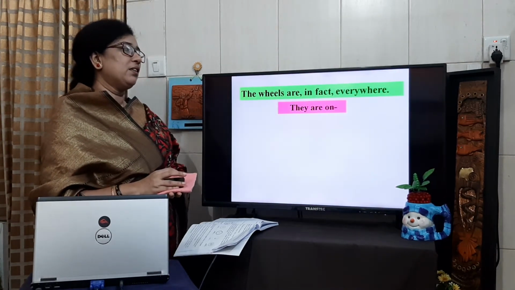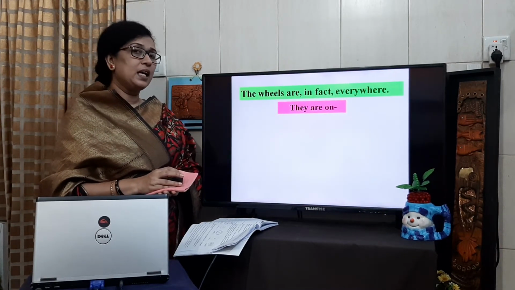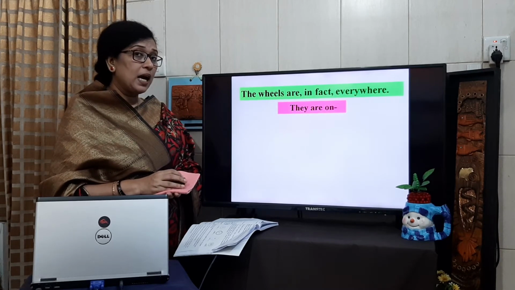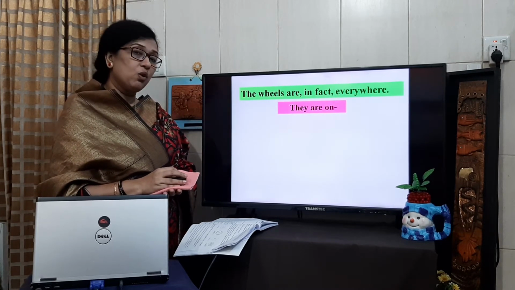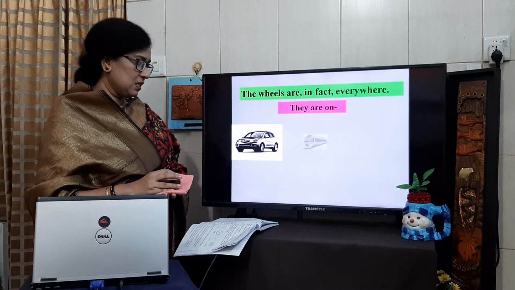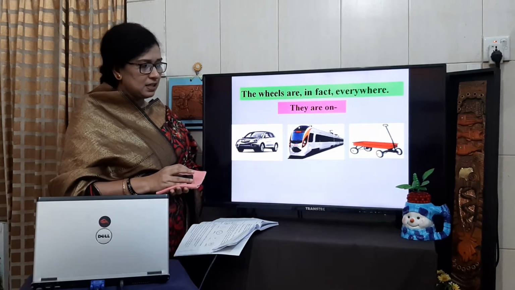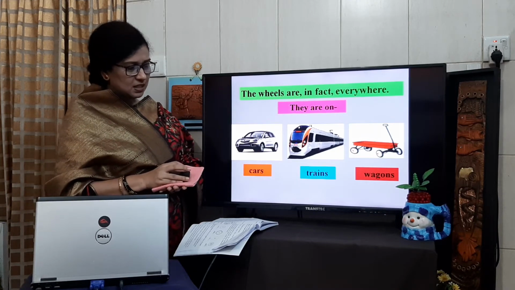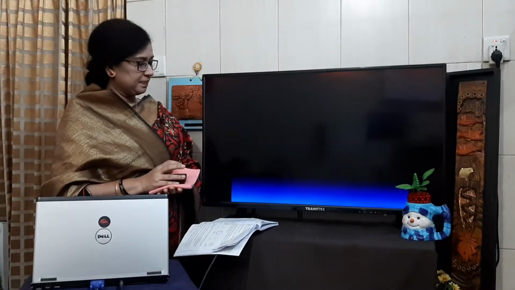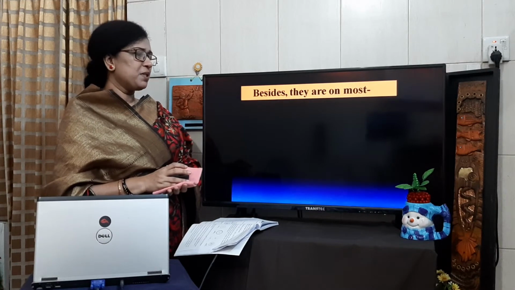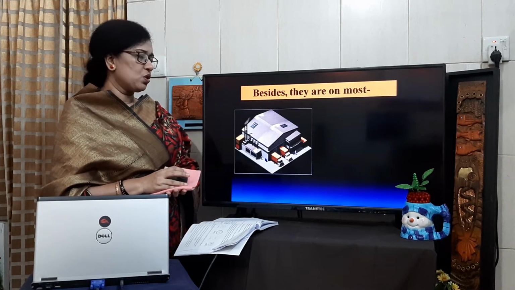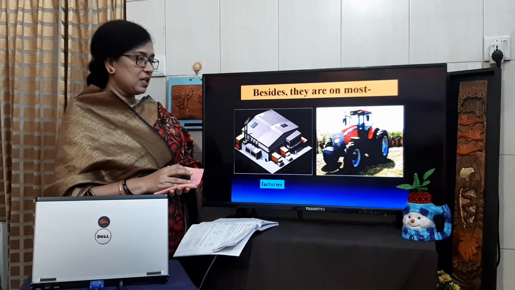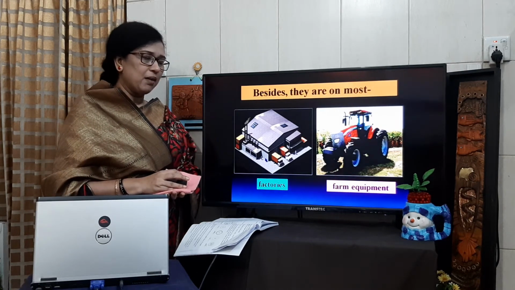The wheels are in fact everywhere. As I have mentioned, they are on cars, trains, wagons. So these are the names: cars, trains, wagons. Besides, they are on most factories and farm equipment.